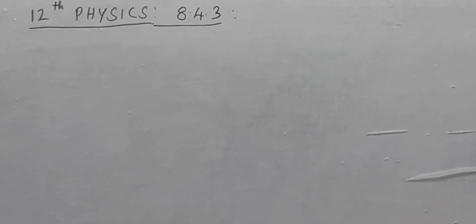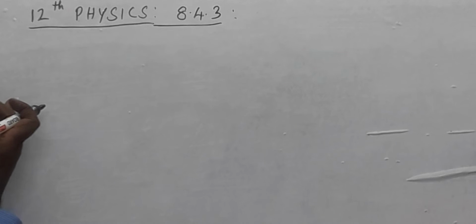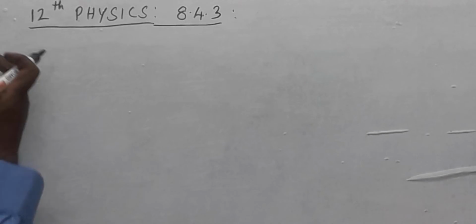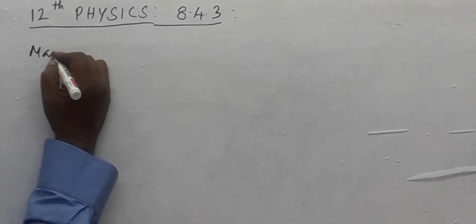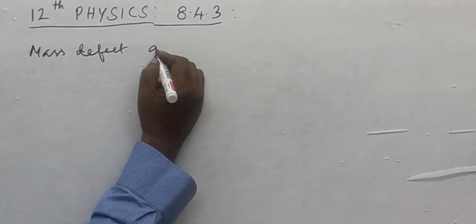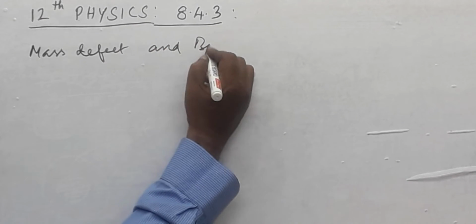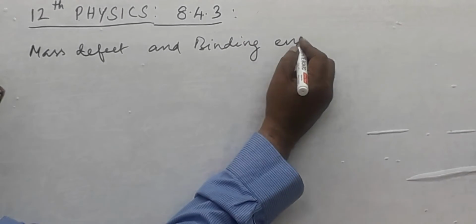I already told when I explained the mass of proton, mass of neutron, mass of electron and mass of hydrogen. From there itself we can explain, but it is not very easy. That's why I will consider another very good example to explain the mass defect and binding energy.